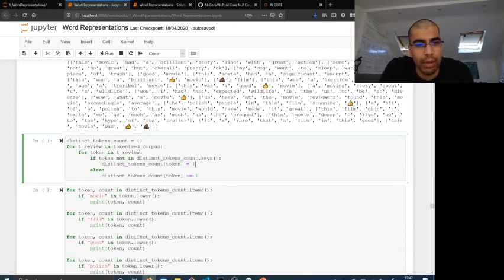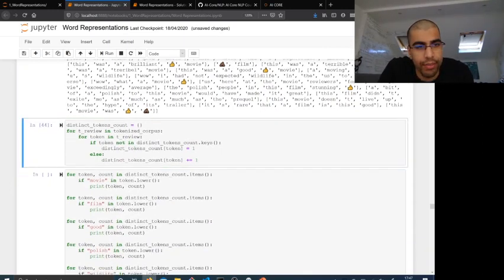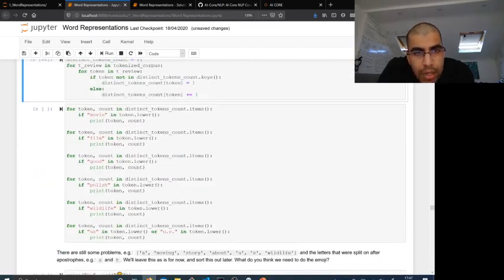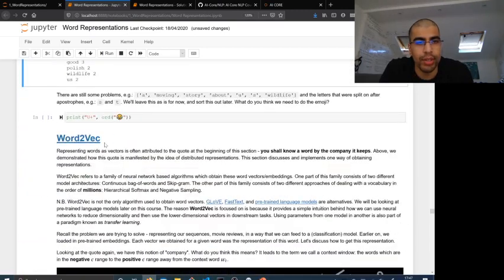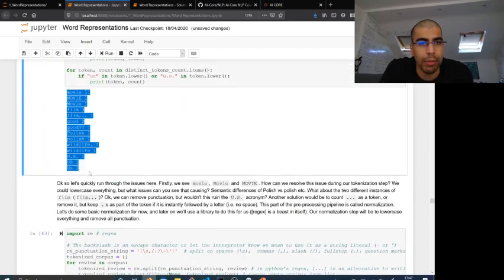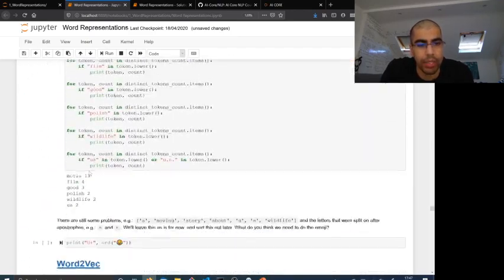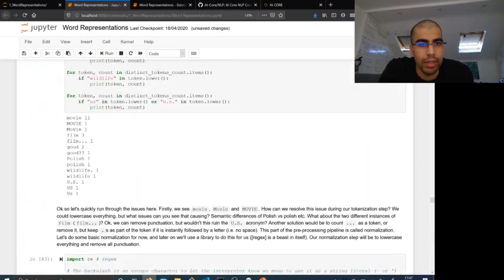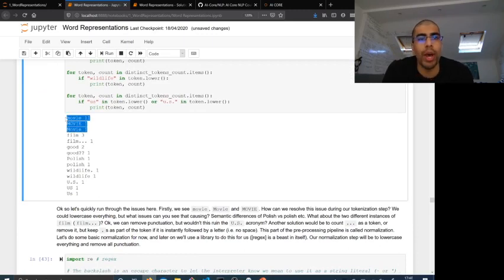And now we're going to count just the number of unique tokens we have. Why are we doing that? Just to show that the same issues we had here have now been mitigated to something a bit more normal. So here we had 11 plus 1 plus 1, so 13 times the word movie appeared, but in different capitalizations.